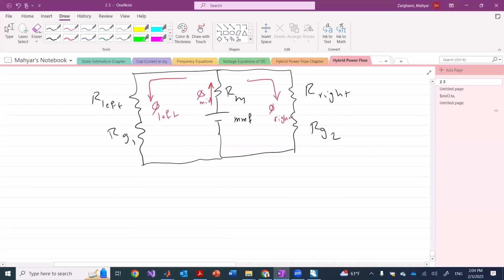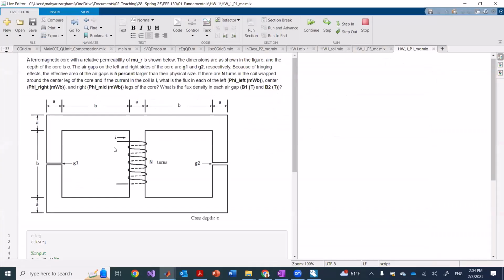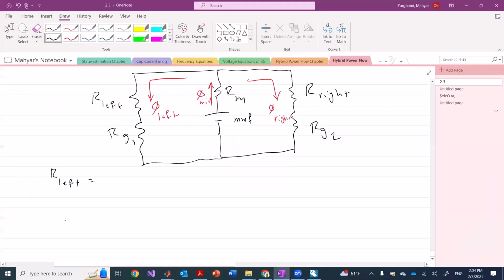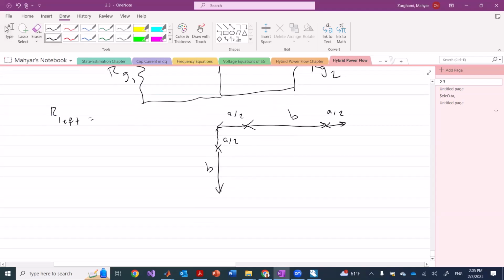So in order to find R on the left side, we have to consider the average length on the left side, which is half of A plus B plus half of A plus another half of A plus B plus another half of A. So it would be something like A over 2, A over 2, A over 2, B, another A over 2, right?